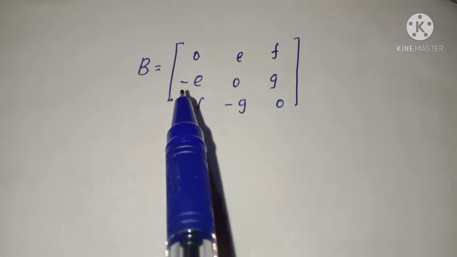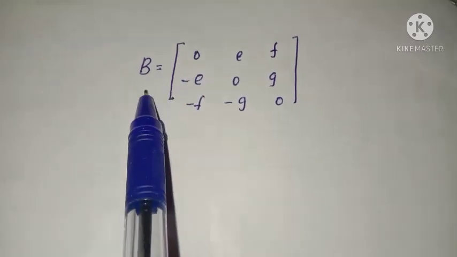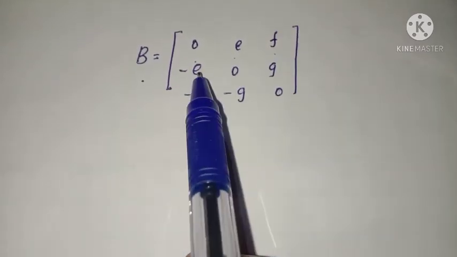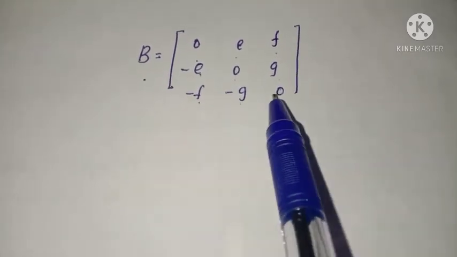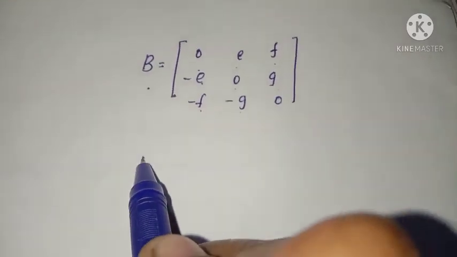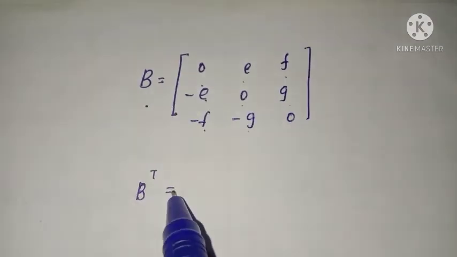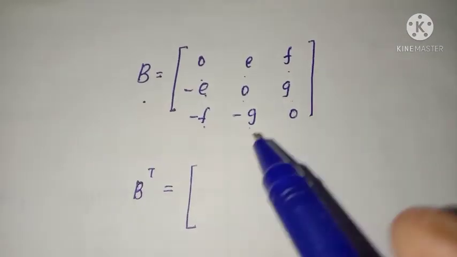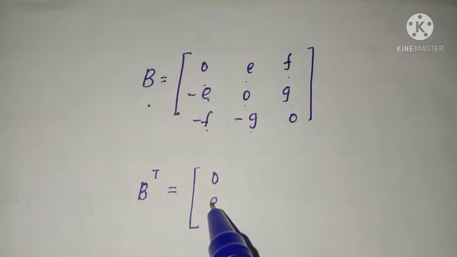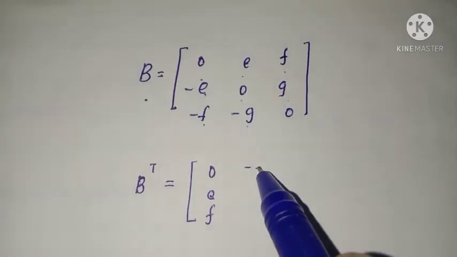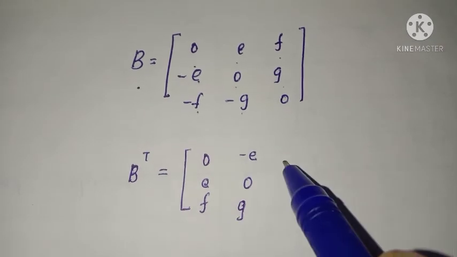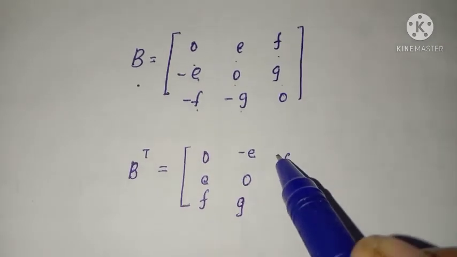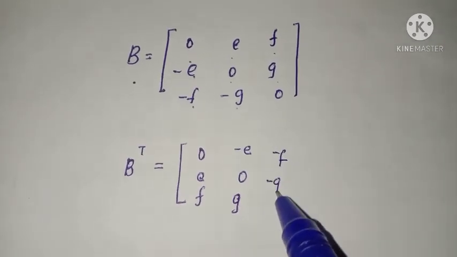See this example. We have a matrix B: 0, E, F; minus E, 0, G; minus F, minus G, 0. Now what is its transpose? B transpose is, row becomes column: 0, minus E, minus F; E, 0, minus G; F, G, 0.